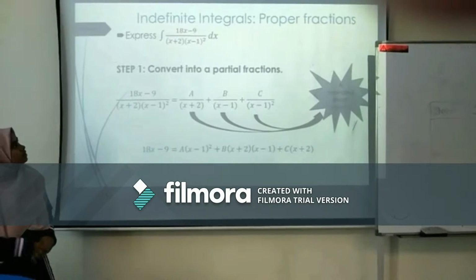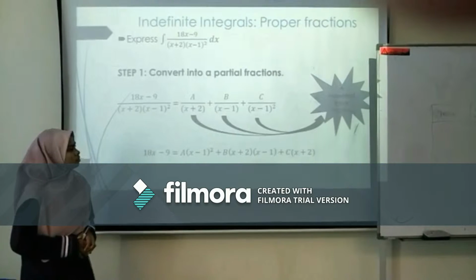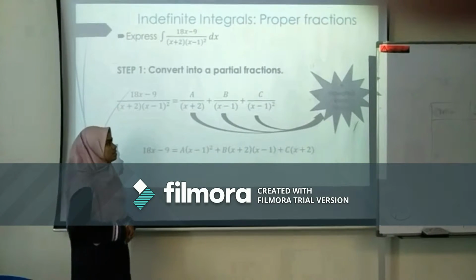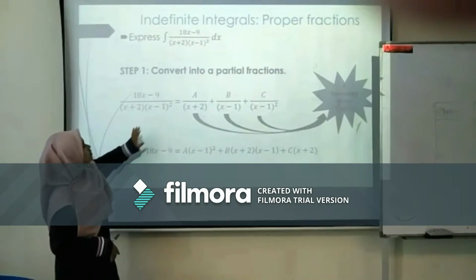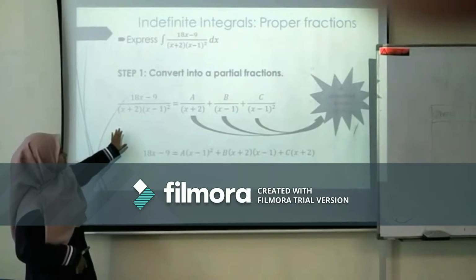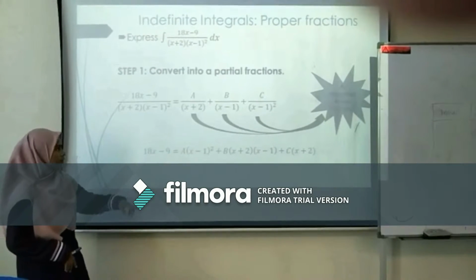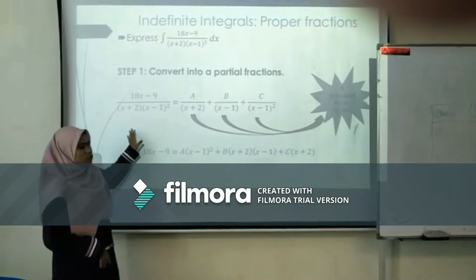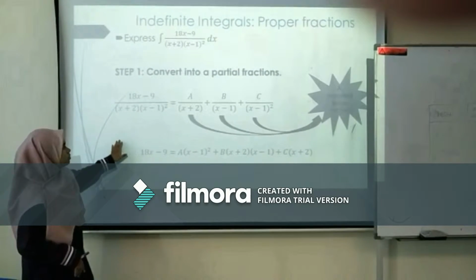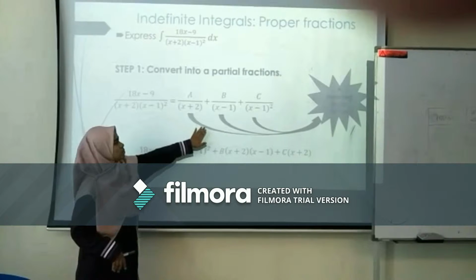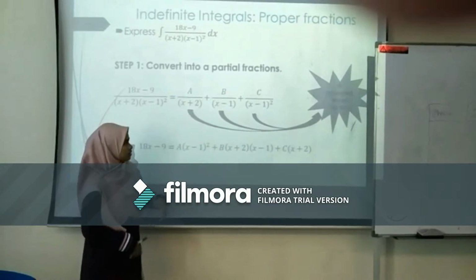This one is the example for repeated linear factors. For example, the denominator is x plus 2, x minus 1 squared. You need to separate into three terms, which are a over x plus 2, b over x minus 1, and repeat again c over x minus 1 squared.